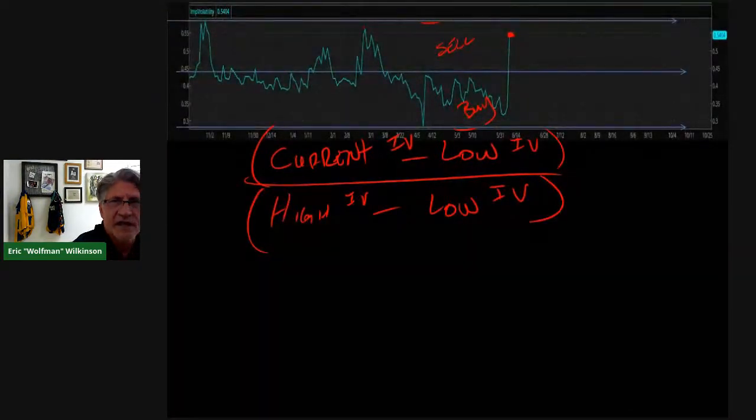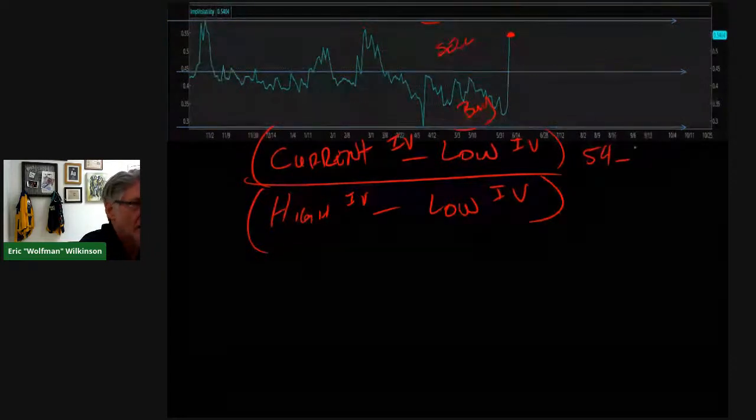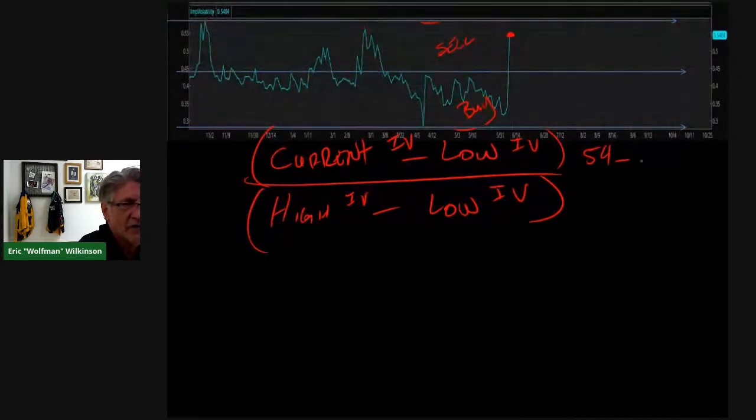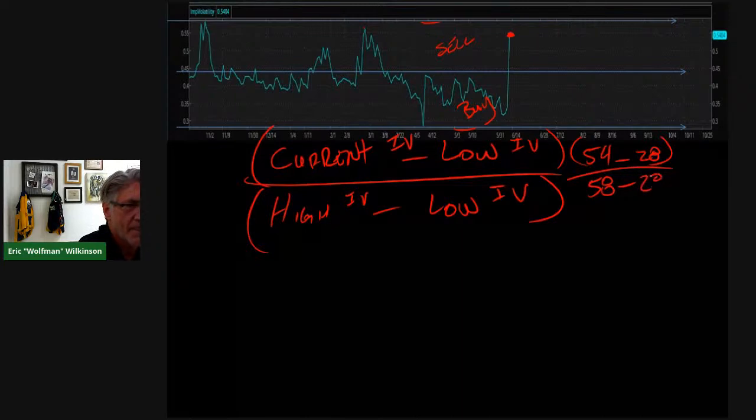So what we would do is take the current, which is this number right here, 54. So we take 54 minus the low, which is, let's call it 28. We take that sum and divide it by the high, which we're going to call 58, minus the low, which we said was 28.